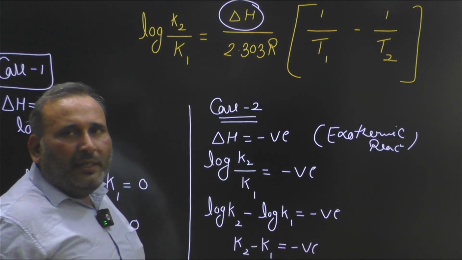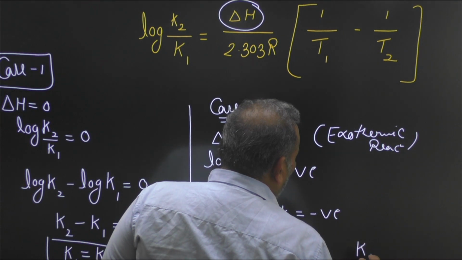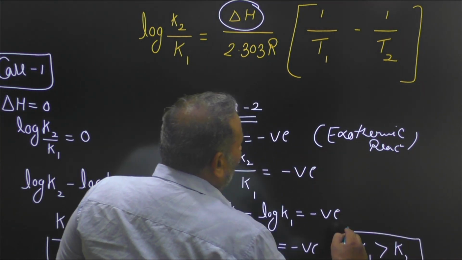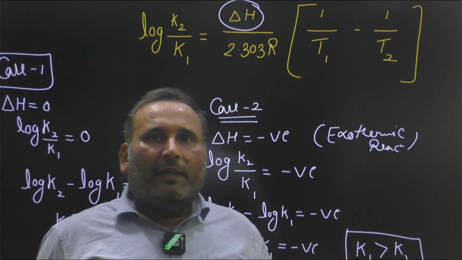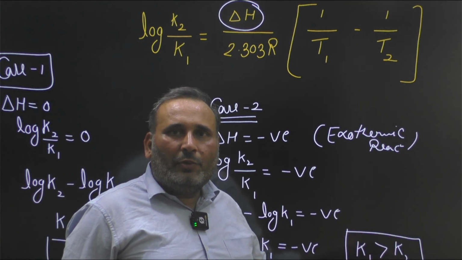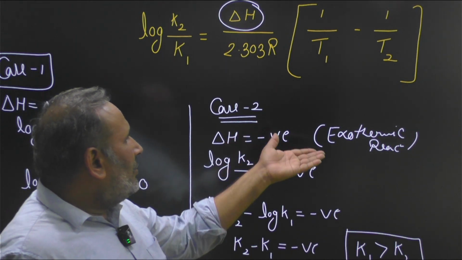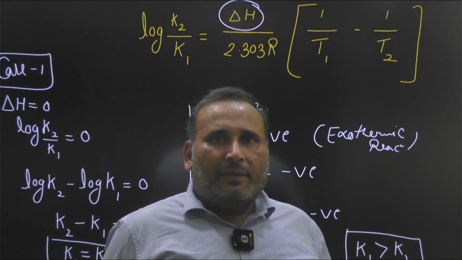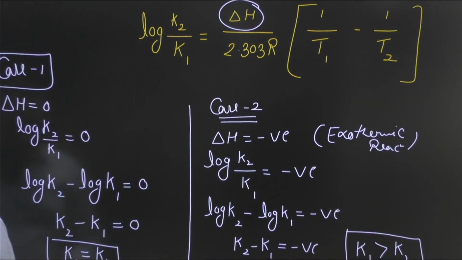It will be possible in just one case, when K1 is greater than K2. It means when we increase the temperature from T1 to T2, the rate constant of the reaction decreases because the value of K2 is lesser than the value of K1. So in an exothermic reaction, when delta H is negative and we increase the temperature, the value of Kc will decrease.